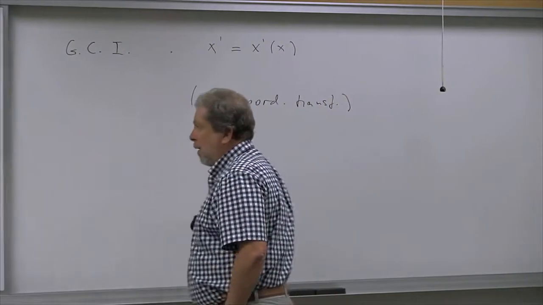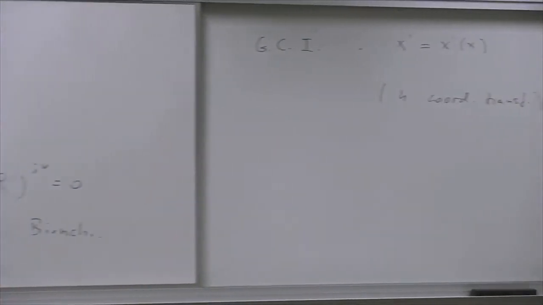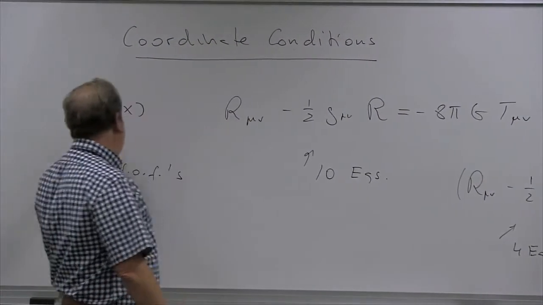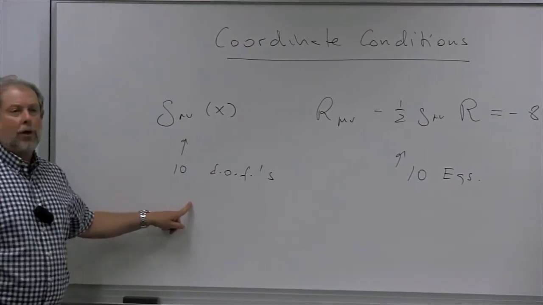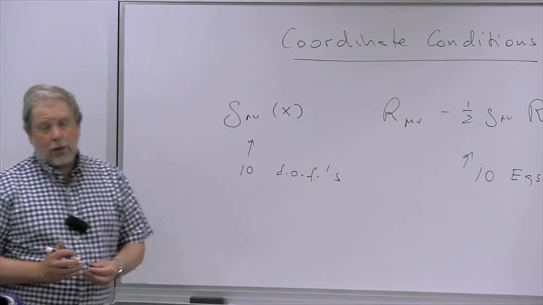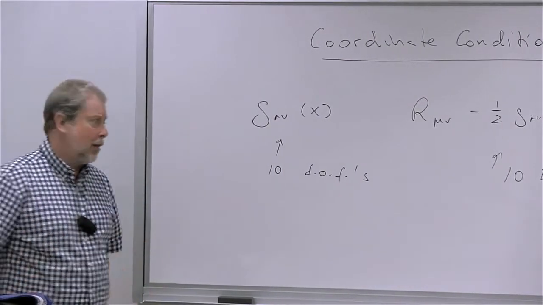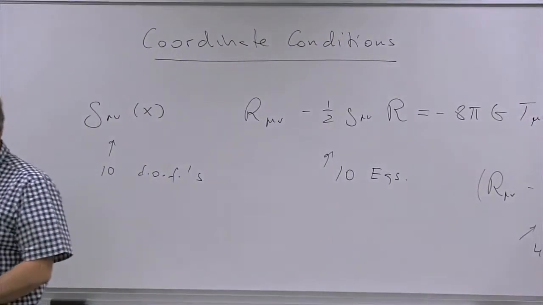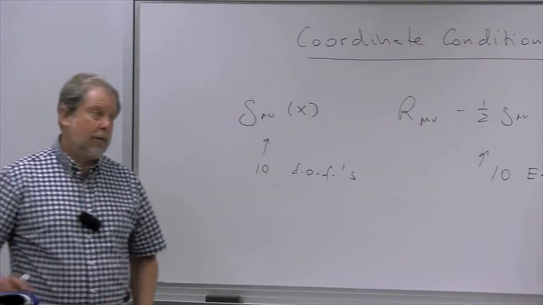And so that looks like it's solving the problem, because we have initially 10 degrees of freedom for the metric, but under general coordinate transformation, we can transform the metric in such a way that the physics remains unchanged. And at the same time, we have 6 equations to determine those 6 components of the metric.